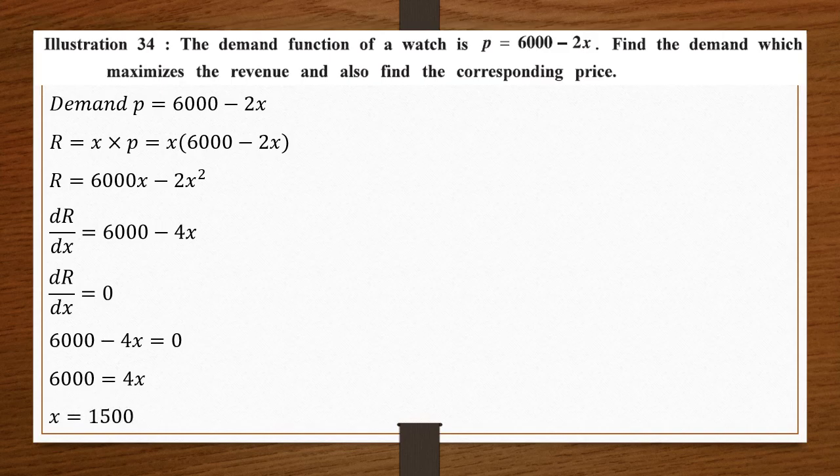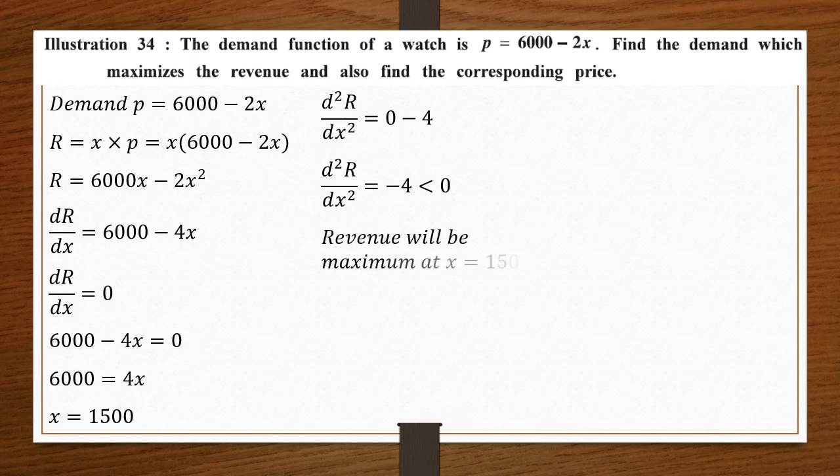Okay, we only have one answer, but let's check whether this will be maximum or minimum. We need to find the derivative of 6,000 minus 4x, that is the second order derivative, that is 0 minus 4, and negative 4 is actually less than 0. So whenever the second order derivative is less than 0, revenue will be maximum at x is equal to 1,500.